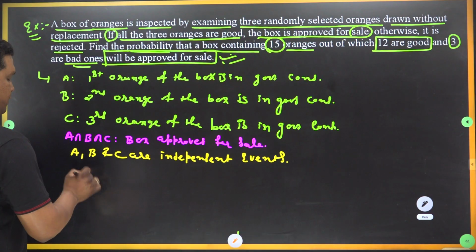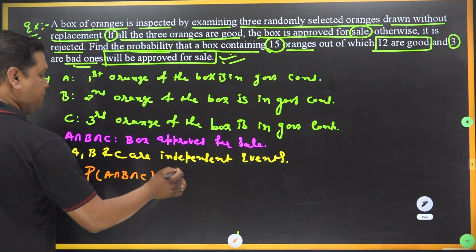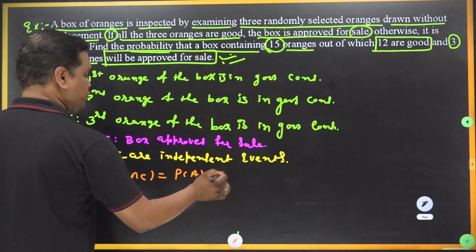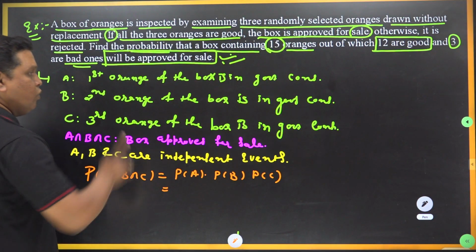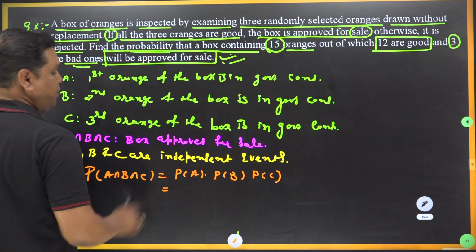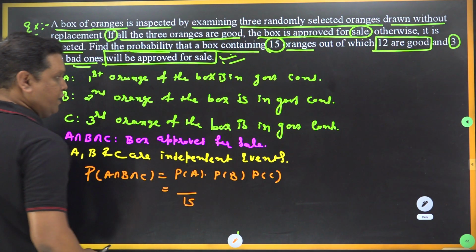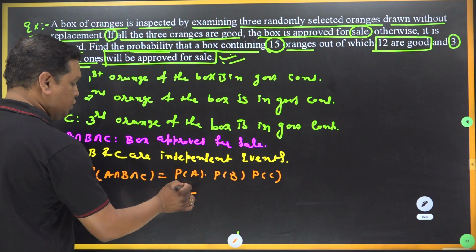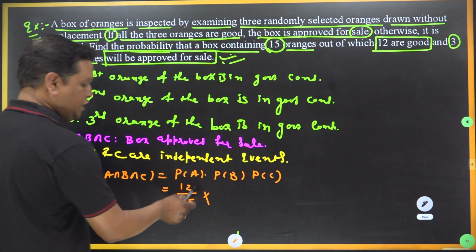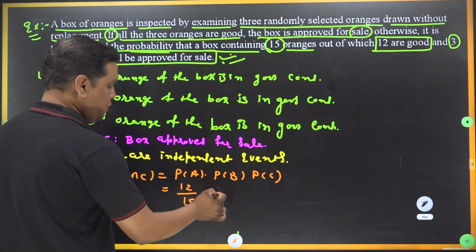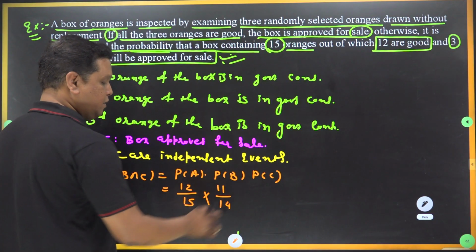So now P of A intersection B intersection C, PA into PB into PC. What is PA? First time you pick the orange out of 15 oranges, all are in good condition. So 12 by 15. Now you already selected 1 orange, so remaining oranges are 14. Good are 11.